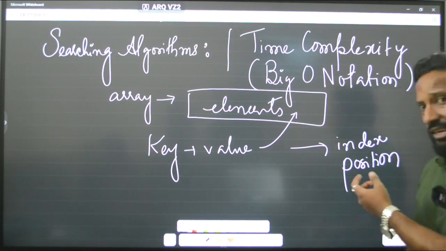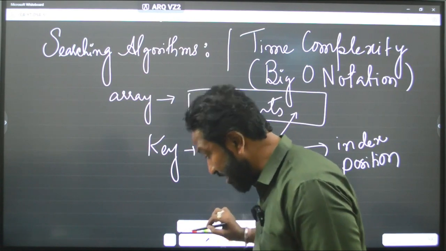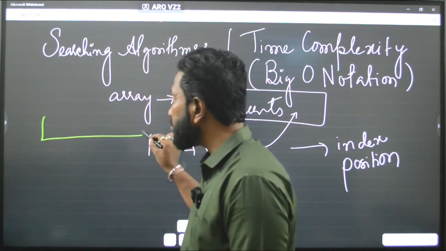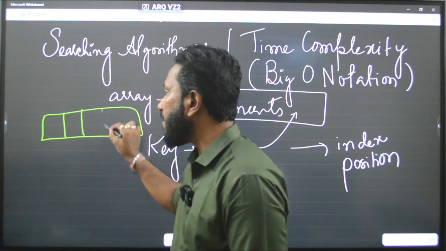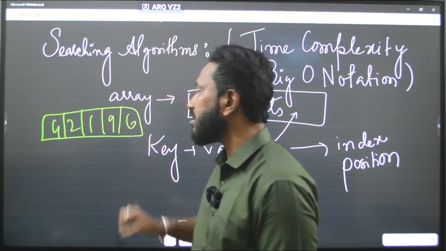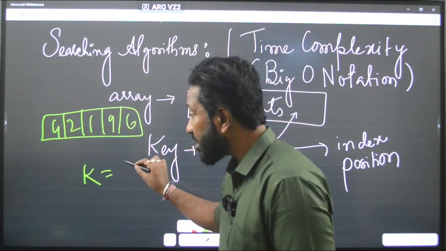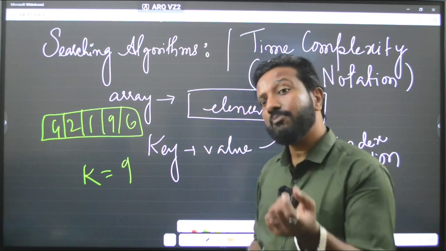You might be getting confused, right? Index and position are two different things. Please remember that. Suppose I have an array 4, 2, 1, 9, 6. Suppose someone says the key value is 9. What is the position of 9?